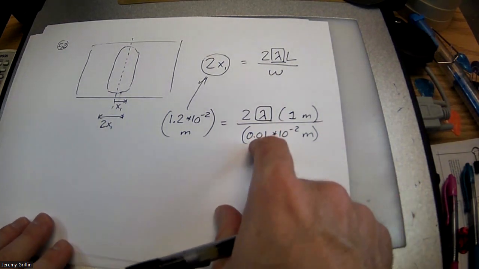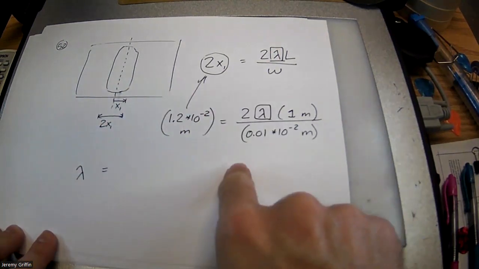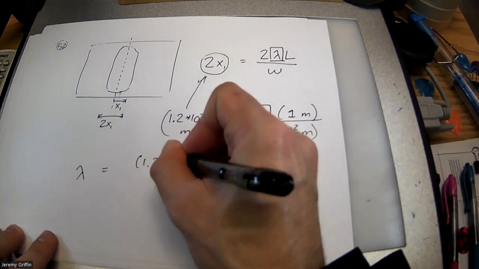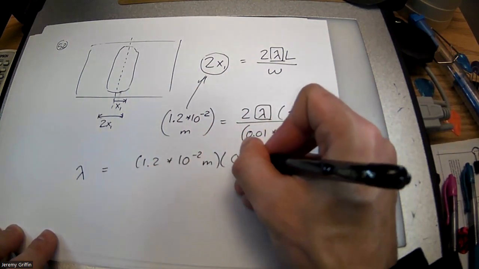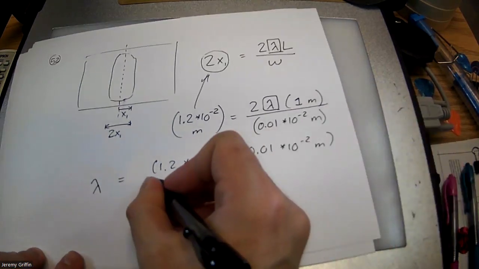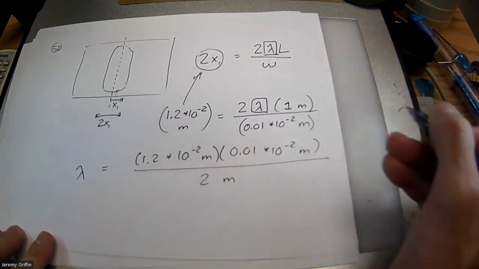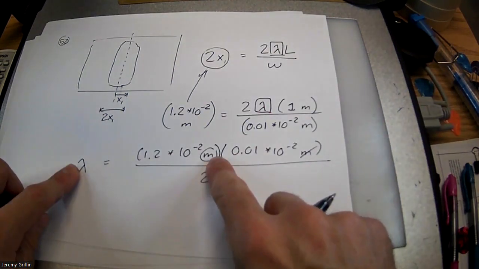If you want to solve for this lambda, just do a little rearrangement and cross multiply. So I'll just write what I have already: this many meters multiplied by this many meters, all divided by this 2, and also this unit meter. Meter goes away. I still have meters, which describes the wavelength.